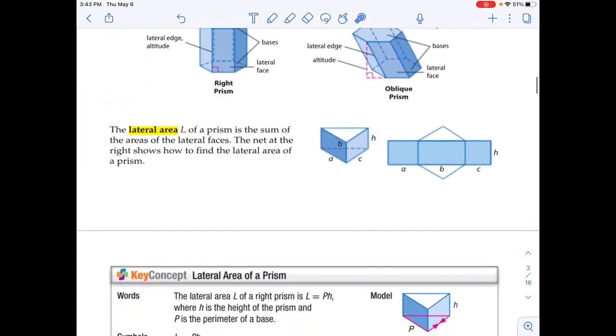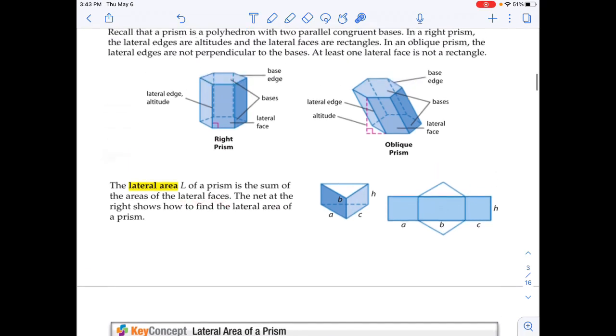The lateral area L of a prism is the sum of the areas of just the lateral faces. So it's just the rectangles, or the parallelograms if it's an oblique prism. The net at the right shows how to find the lateral area of a prism. So if you notice, we have the net. This would form this 3D solid.